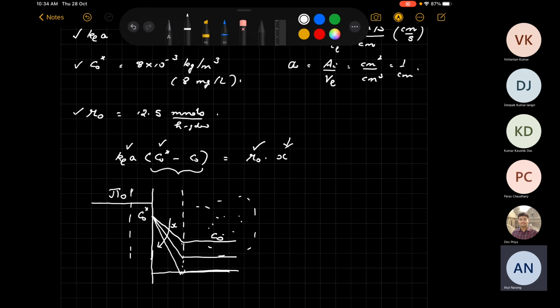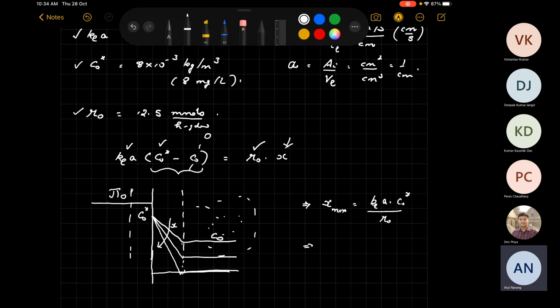So essentially, the calculation here is to simply put CO equal to zero, and that implies that X max, the maximum value of X, is equal to KLA multiplied by CO star divided by RO.